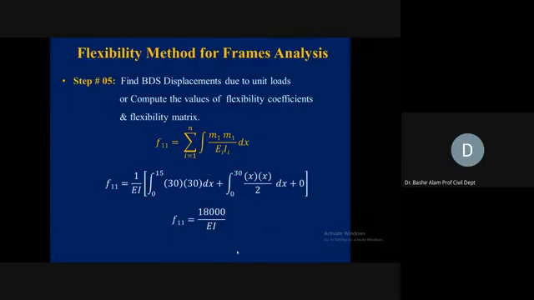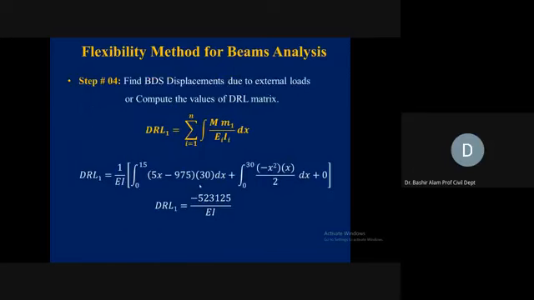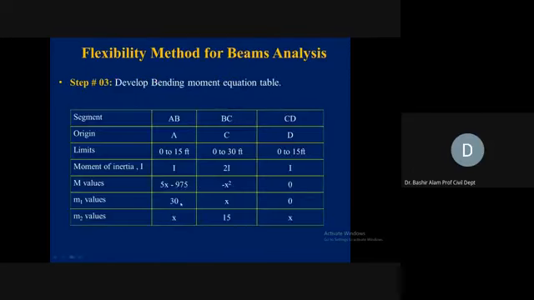Next, we come to the generation of the flexibility coefficient matrix. And it is coming now the product of the small m1s. So here you see now 30 times 30. Let's go back to the table now, m1 and m1 for member 1. Member AB here, 30 times 30.